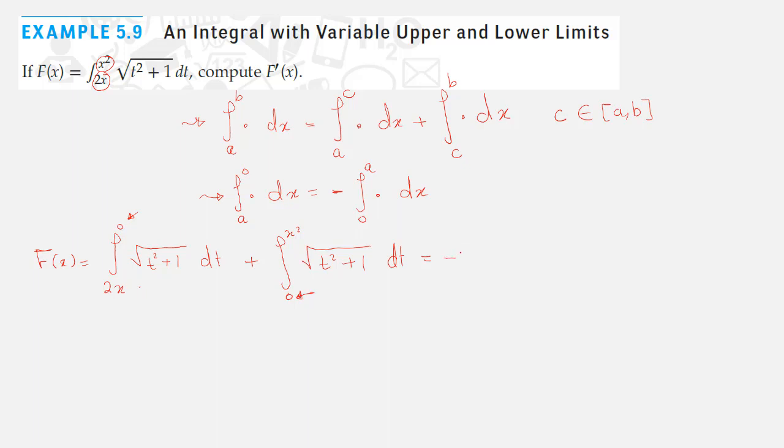So we will get minus the integration from 0 to 2x of the square root of t squared plus 1 dt plus the integration from 0 to x squared of the square root of t squared plus 1 dt.